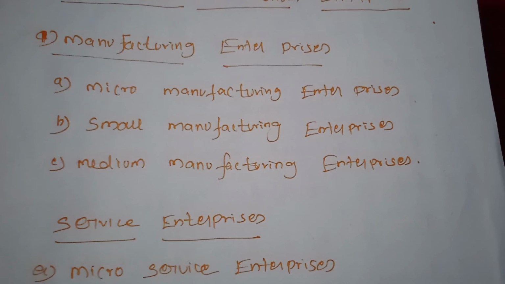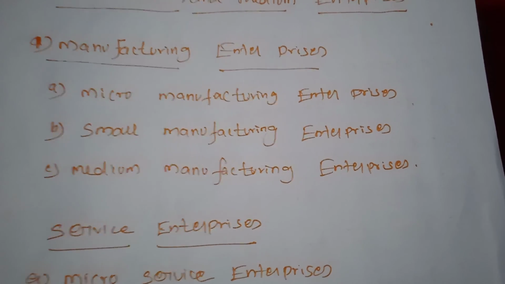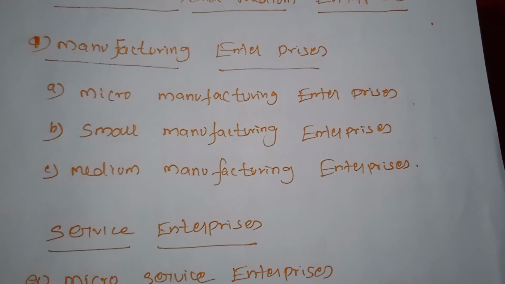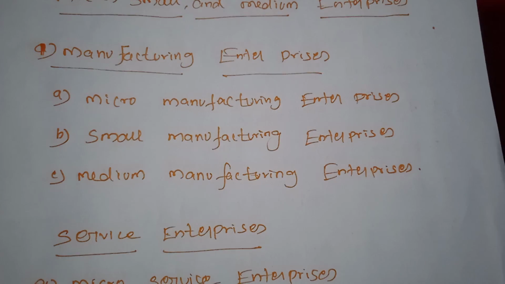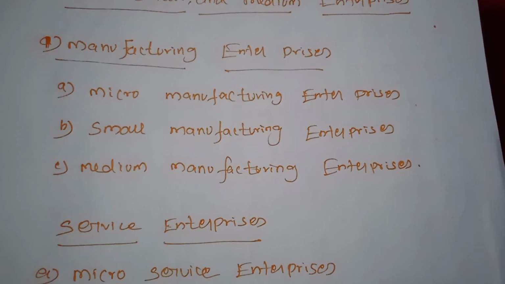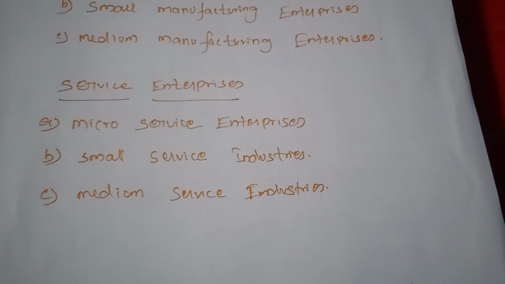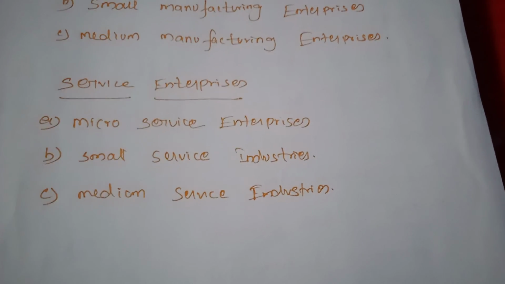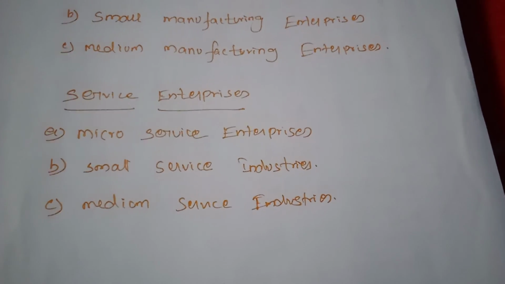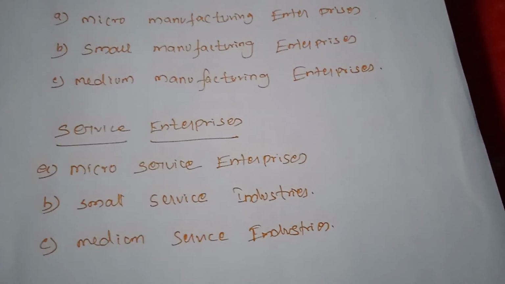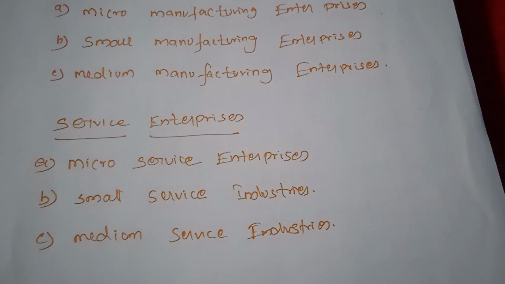If an enterprise starts with 5 crores and up to 10 crores, it is considered a medium manufacturing enterprise. Like that, there are service enterprises: micro service enterprises, small service enterprises, and medium service enterprises. Some service enterprises start with a limited capital amount, and they are considered service enterprises.